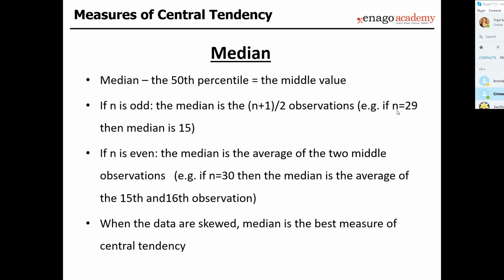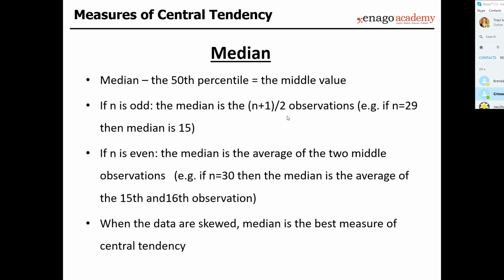So for example, if you had a number of measurements equaling 29, the median is 15. 29 plus 1 divided by 2 is 15. If the N is even, the median is the average of the 2 middle observations. So if N is 30, you have 30 measurements, then the median is the average of the 15th and 16th observation. So here we're adding a little bit of mean, implemented in our median calculation.